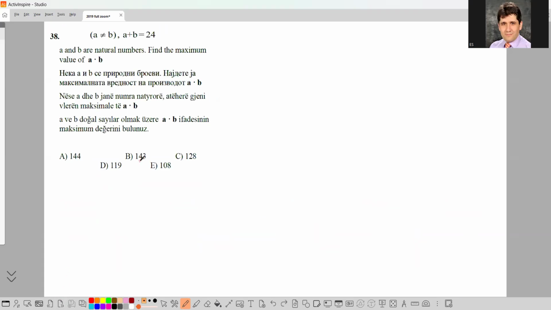Next. A and B are natural numbers. Find the maximum value of A times B. Because it says natural numbers, we can test it. So 1 plus 23, it's 24. 1 times 23 is 23. Then 2 plus 22 is 24, and 2 times 22 is 44.